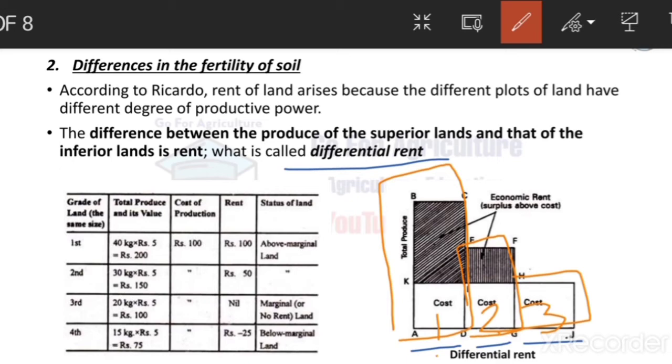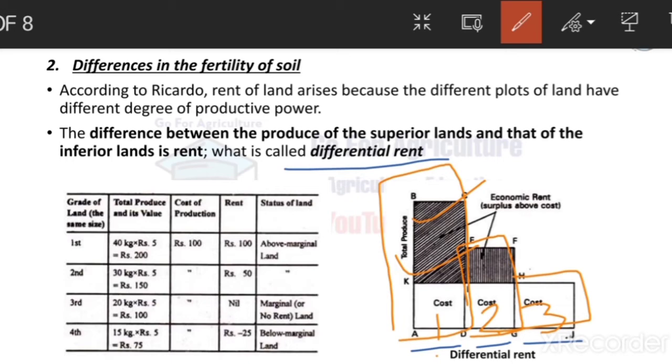The cost is the same, as we have seen in our previous slides, but rent has arisen because of differences in their productivity. In the first land the productivity is more.